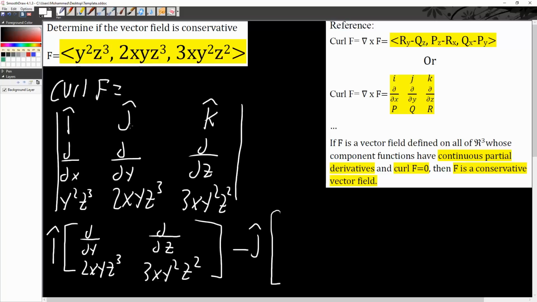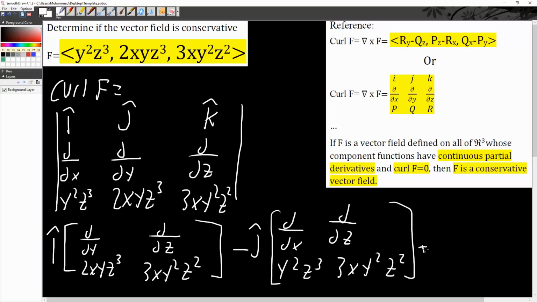The thing about doing j, if you go diagonally to the right, you only have two terms. So we go left, these two, and then we go right, these two. Left is going to be the partial derivative in terms of x, and below was y squared z cubed. And then we go right, so we have the partial derivative in terms of z, and below it was 3xy squared z squared.